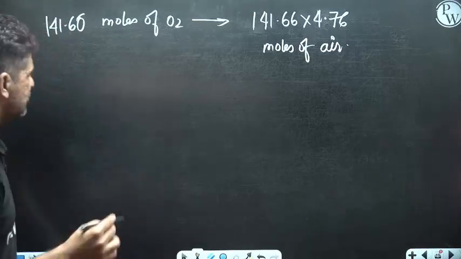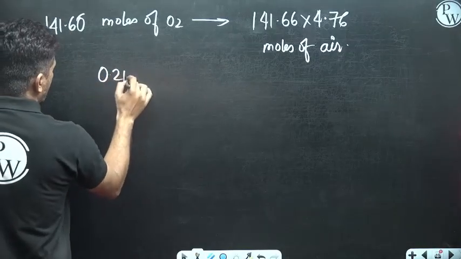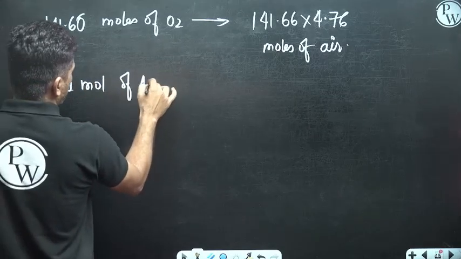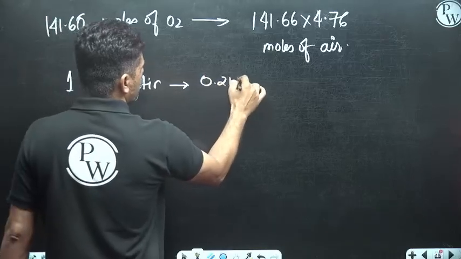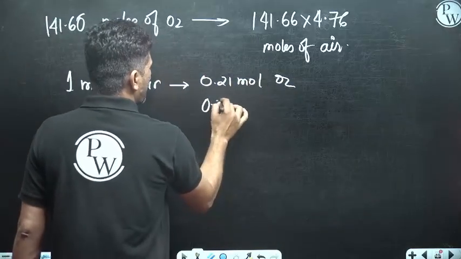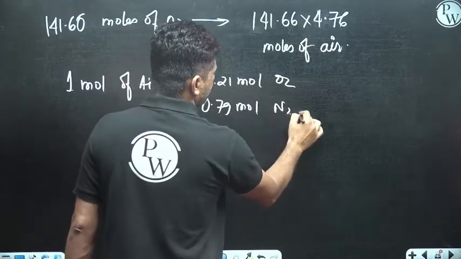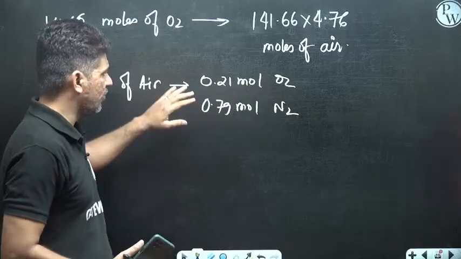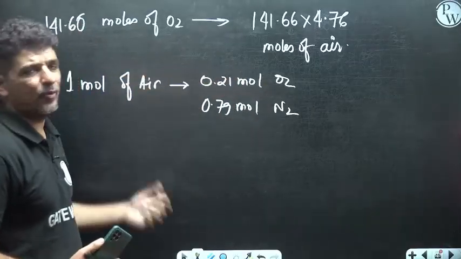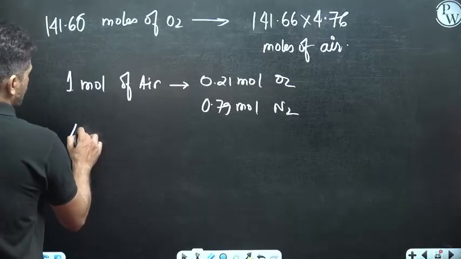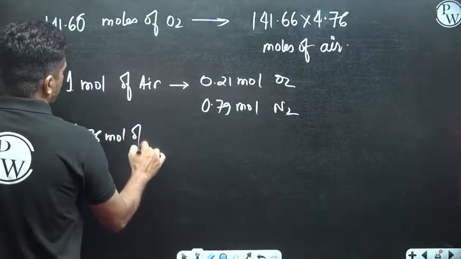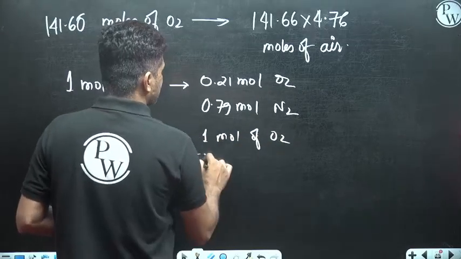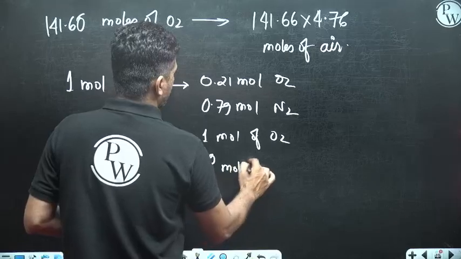Because 1 mole of air contains 0.21 mole of oxygen and 0.79 mole of nitrogen. So if it is having 0.21 moles, for 1 mole of oxygen you will have 4.76 moles of air, that is 1 mole of O2 and 79/21 mole of nitrogen.